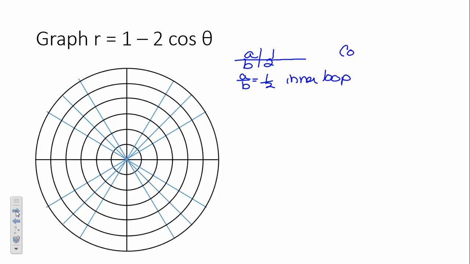It's cosine, so it's opening to the left. And next we need to figure out what our stretch is. How far are we going on this axis, on what would be the theta equals pi axis? So our stretch is going to be A plus B. So what's A plus B? We know that we're coming from the pole 1, 2, 3 out. That's how far away.